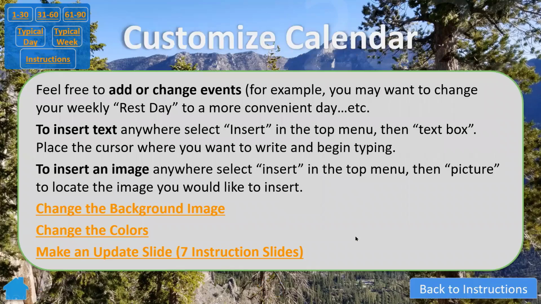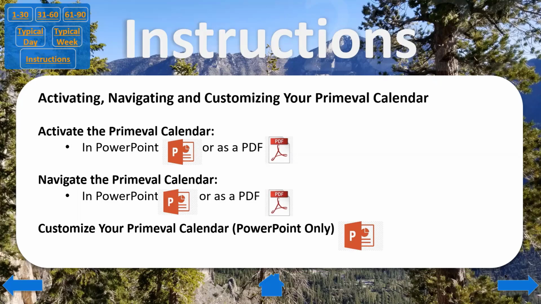And then customizing. How do you customize? Change the background image, change the colors, make an update slide. And there are 7 instruction slides there that show you how to do this. So you can customize the calendar, and the directions are right in the calendar.